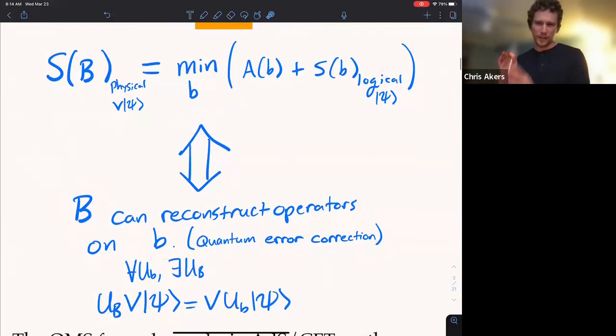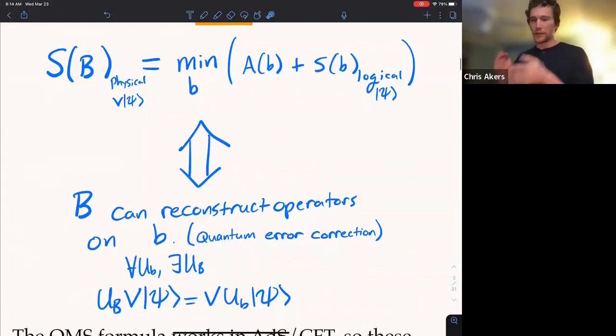In a sense that maybe you're familiar with. Later on, I'm going to be very careful with what I mean by reconstruct, but this is supposed to just remind you. Essentially it says that for all unitaries on little b, there exists a unitary on capital B such that the following thing is true.